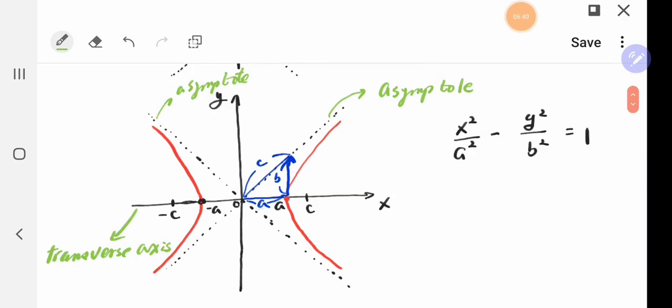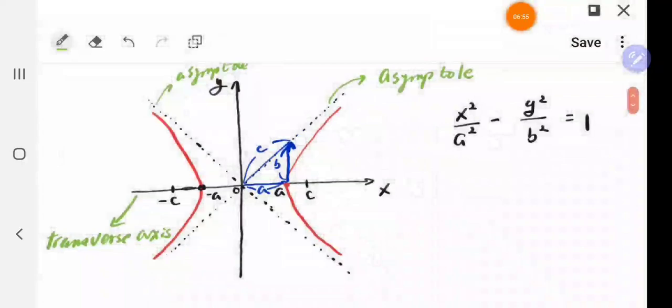So a is the length from the center to the vertex, b is the height, c is the hypotenuse, and c will be the value of the focus. Okay, so this is the graph for this hyperbola equation.